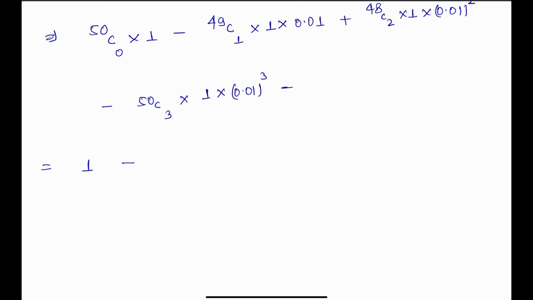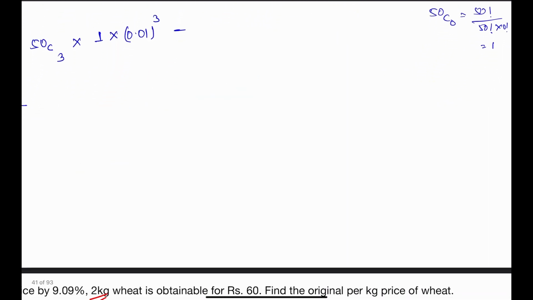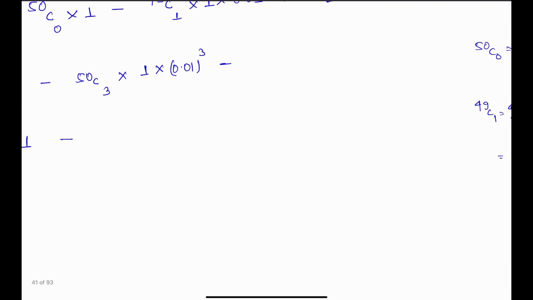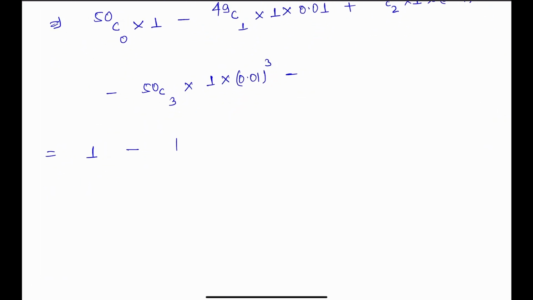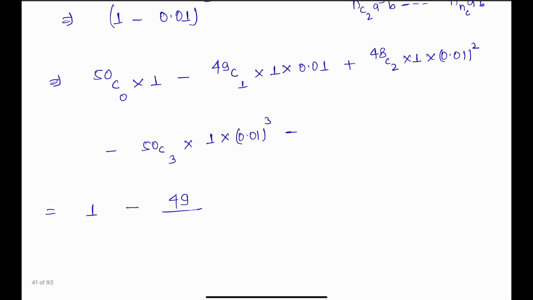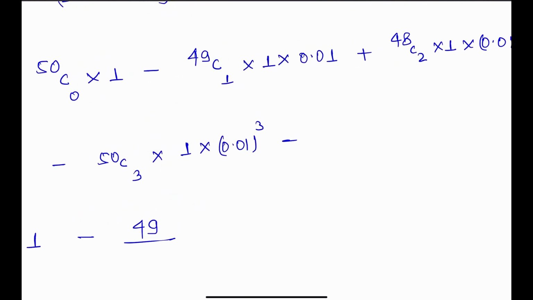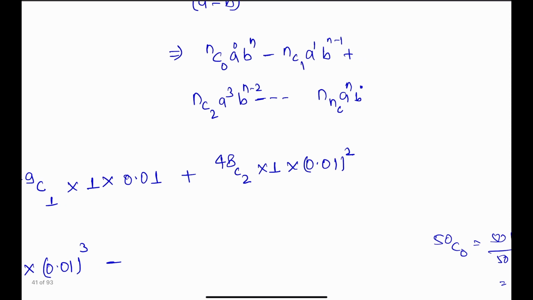Minus 49C1, which can be written as 49 factorial by 1 factorial into 48 factorial. 49 factorial can be written as 49 into 48 factorial divided by 48 factorial into 1. This will cancel, only 49 is left. Okay, so one mistake I did: all these points will be n, right?